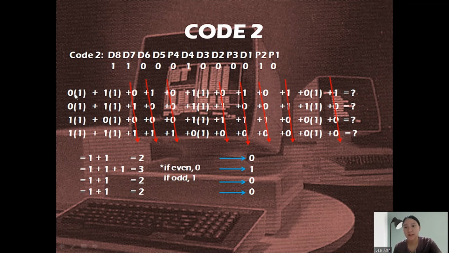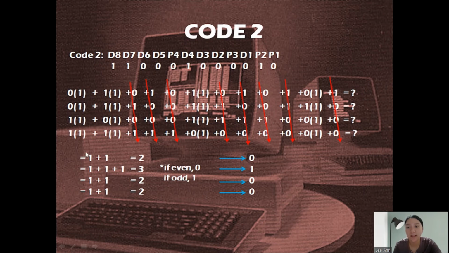So first, 0, so 1, which equals 2. And for the second unknown value, 1, and 1 equals 3. For the next value, 1 and then 1 equals 2.